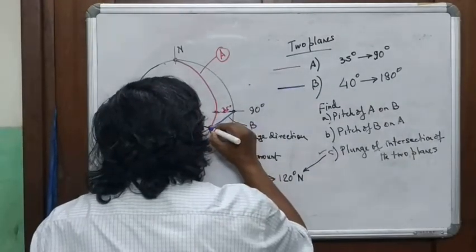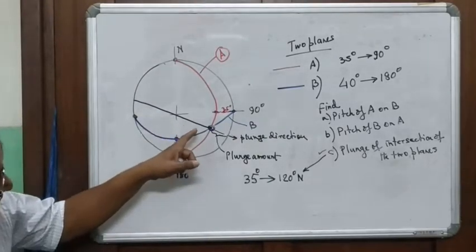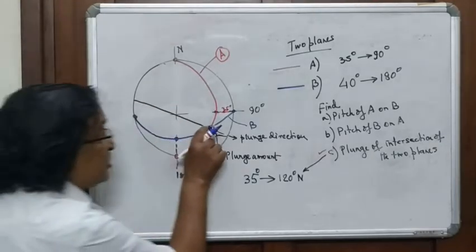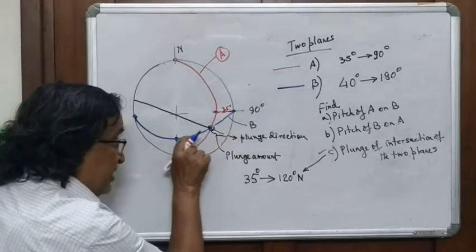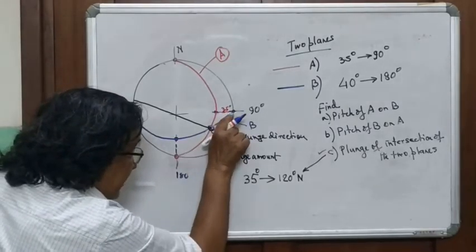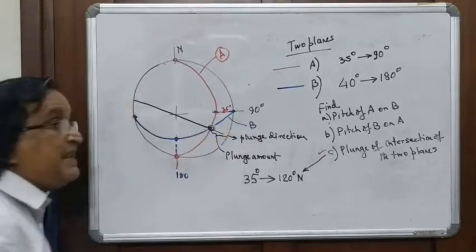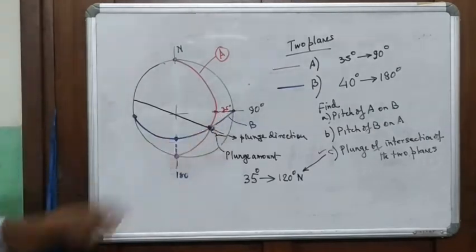This point. This point is what? The intersection of A on B. Have you understood? If you take this plane, then this point gives you the intersection of plane A on plane B. So what is the pitch?